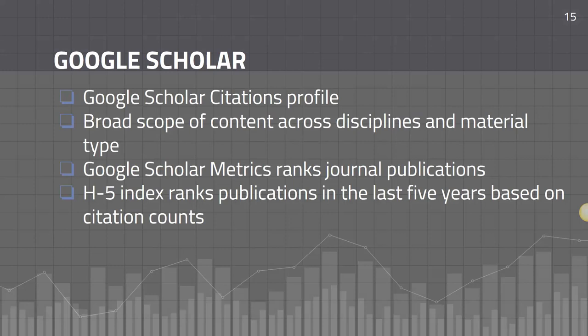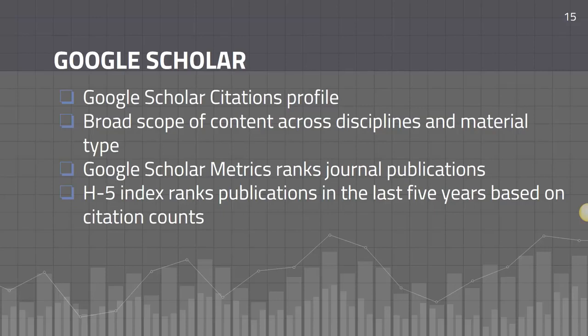Google Scholar can be used to count citations. It provides a citation profile for authors so they can manage and track their publications. It also gives us the opportunity to see all of their publications in one place. Google Scholar has a broad scope of content across disciplines and sources.